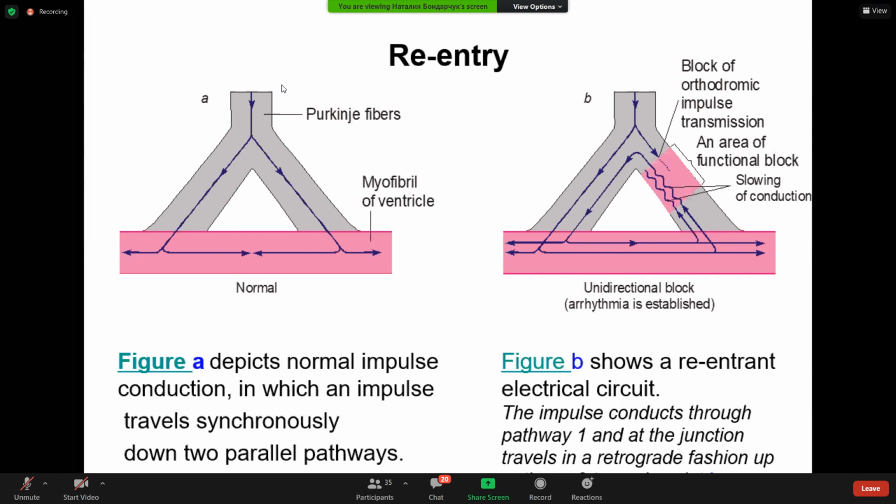So it's better to decrease conduction in the ischemic area and also prevent the traveling of the retrograde impulse, so to block the traveling of retrograde impulses. Then the normal impulse on the left will be enough for conduction in all regions of the conducting tissue of the heart.